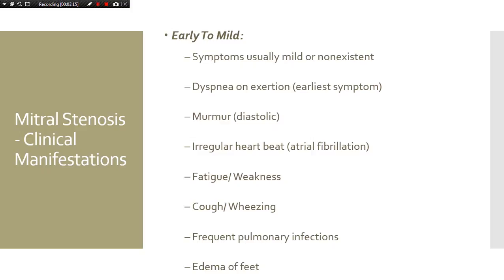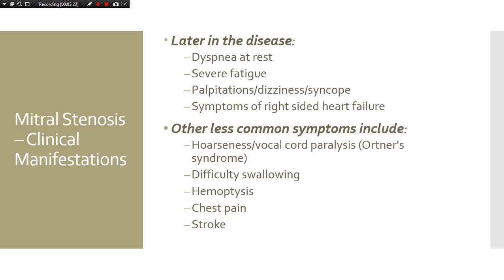Emboli can arise from the blood stasis in the left atrium secondary to this atrial fibrillation. Less often, patients may have hoarseness from atrial enlargement pressing on the laryngeal nerve, hemoptysis from pulmonary hypertension, and chest pain from decreased cardiac output and decreased coronary perfusion.